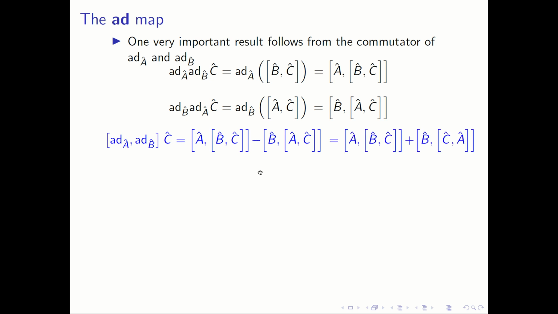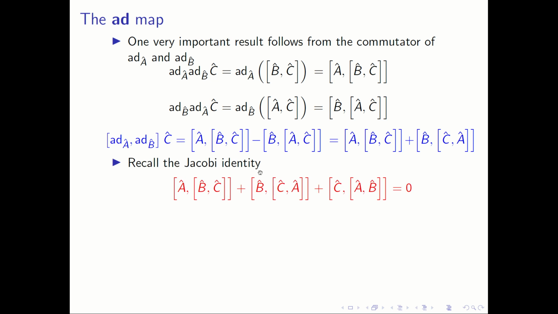Why do I say this should be more familiar? Because anybody who has studied commutators would know that one very important property of commutators is something called the Jacobi identity. The Jacobi identity is simply this: if you take the commutator of A with the commutator of B and C, and carry out a cyclic permutation of the terms, the sum is 0.